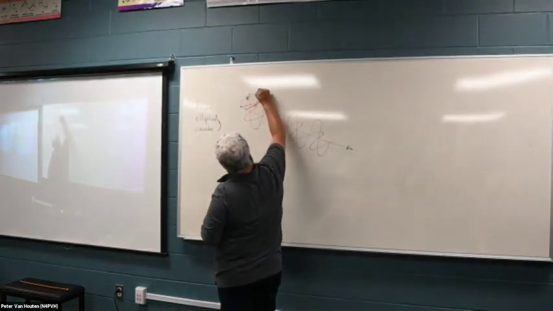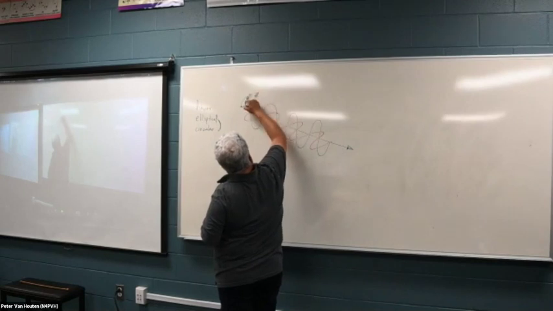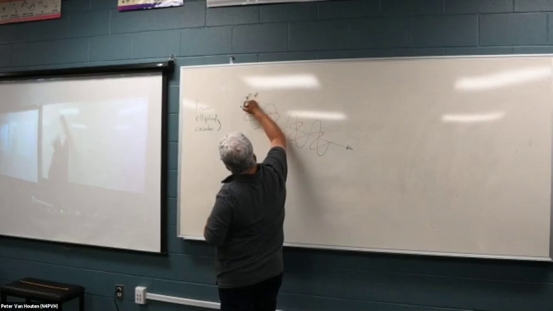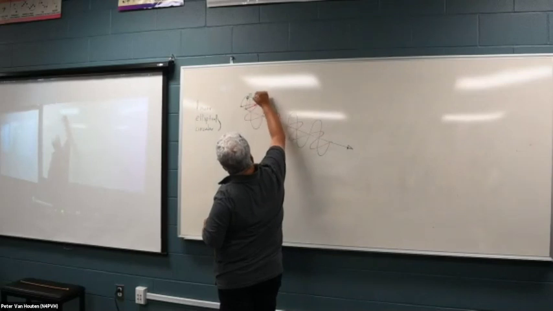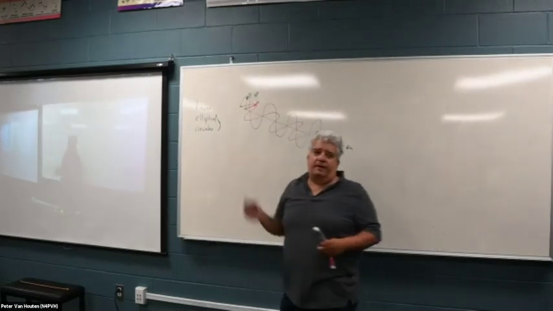If I add these two vectors, I have the vectorial addition of this amplitude and the other vector showing the magnetic amplitude, and we have the resultant vector and its magnitude.